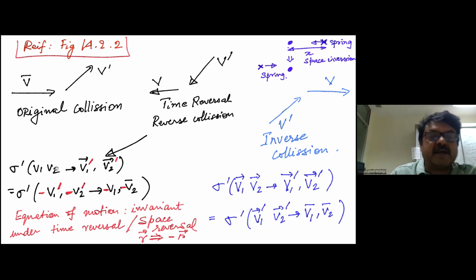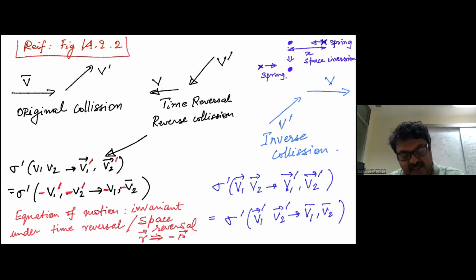The equations of motion are invariant under time reversal. But the equations of motion are also going to remain invariant under space reversal, and then it's called the inverse collision. So in inverse collision, what you're doing is r goes to minus r.